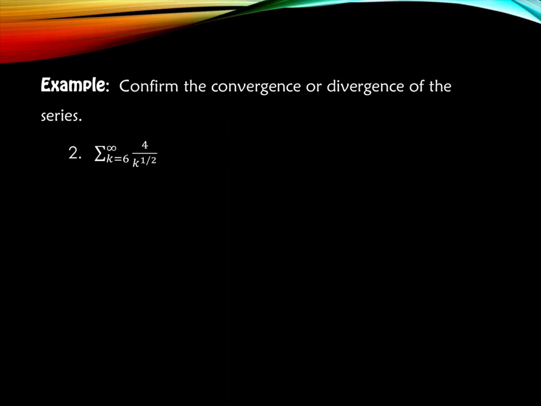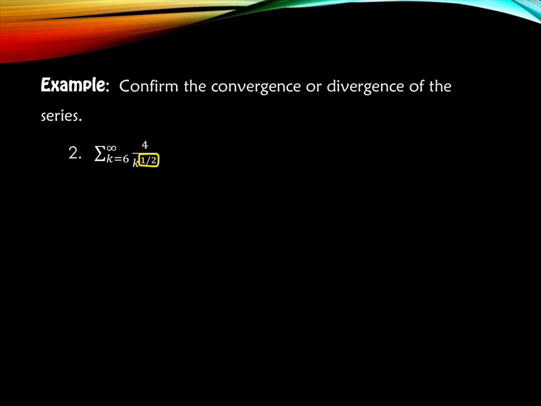So we're trying to decide if it converges or diverges. Is it of the form 1 over n to the p? Yeah, it's the right form. It's 1 over n to the 1/2, so 4 over k to the 1/2 is the right form. So all we have to do is look at the exponent of the denominator and consider whether it's bigger than 1 or less than or equal to 1.